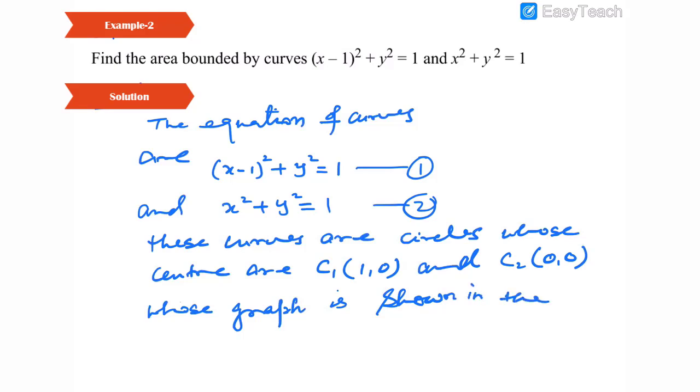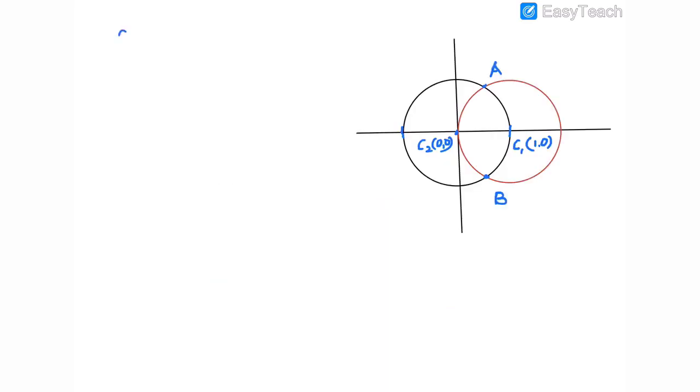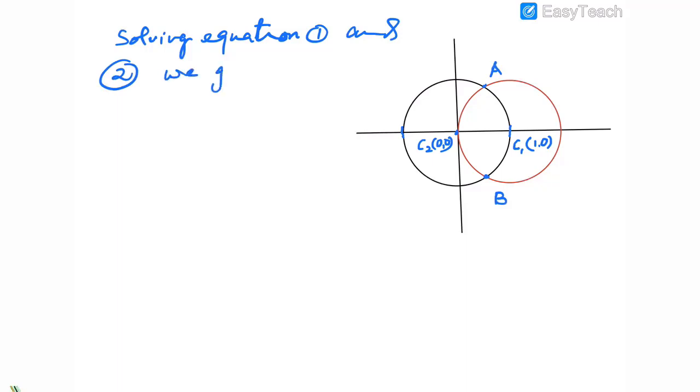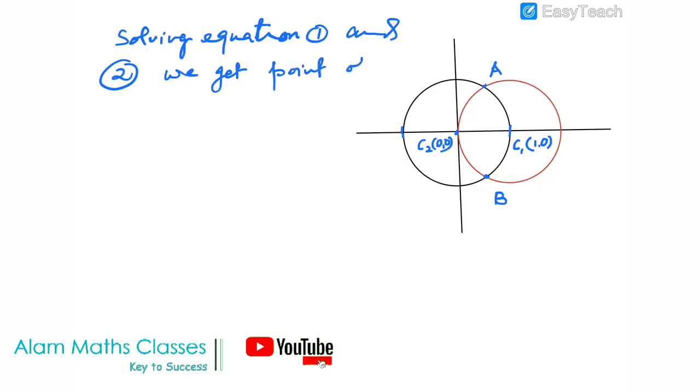The graph of these two circles is shown in this figure. Now solving equations 1 and 2, we get the points of intersection A and B.